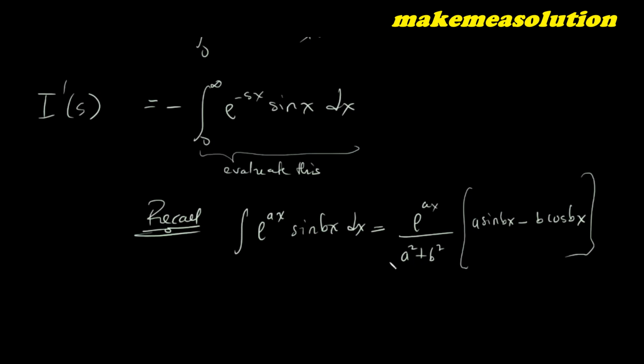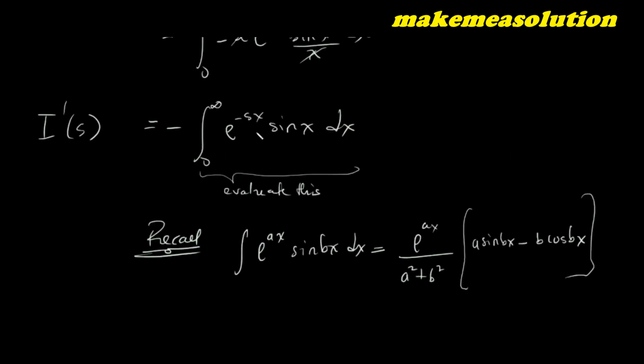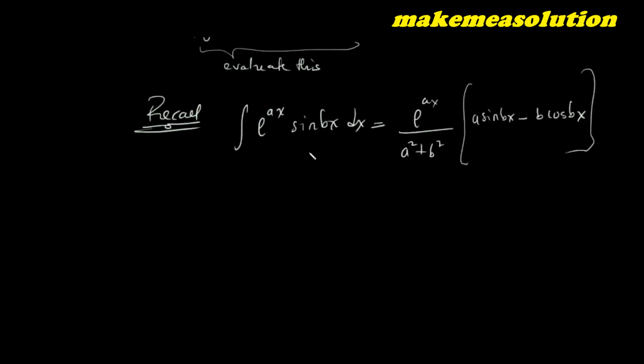I'll leave this to you to figure out, or look up reduction formulas, or if you want me to do a video on how this formula was derived, leave a comment in the comment section. Is that okay?